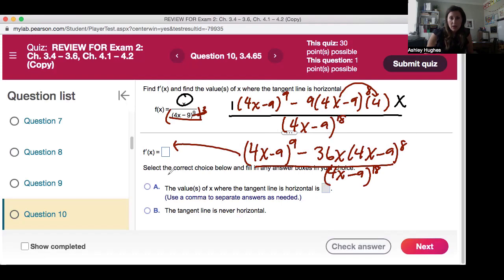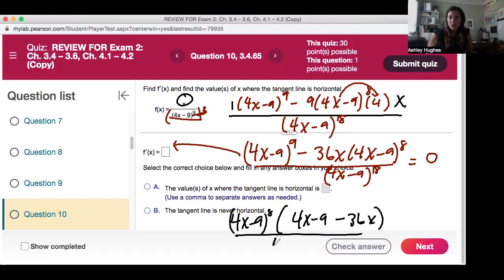And then it says, where is the tangent line horizontal? That means where does the slope equal 0? So if I set this whole thing equal to 0, my recommendation then is to factor out to the top. So I notice that I have to the 9th and to the 8th. So you pull out the lowest common multiple. So that would be to the 8th. So you'd be left with 4x minus 9, just 1 power, minus this 36x, all over 4x minus 9 to the 18th.